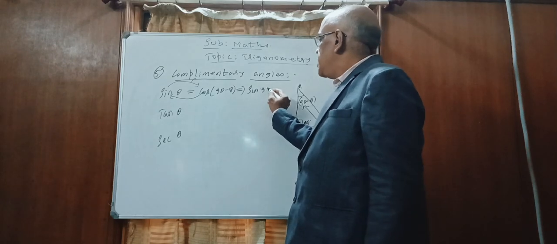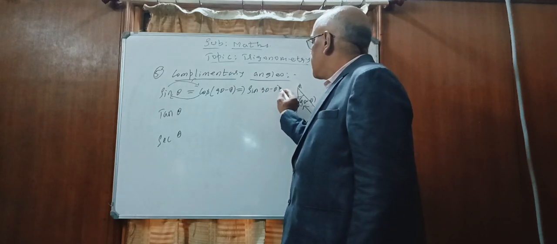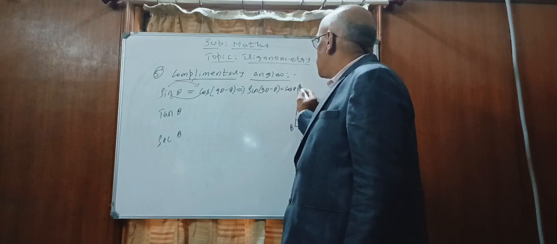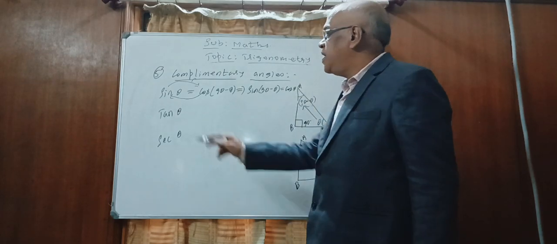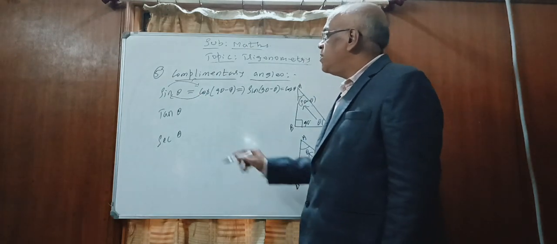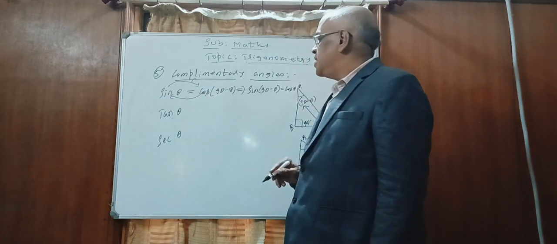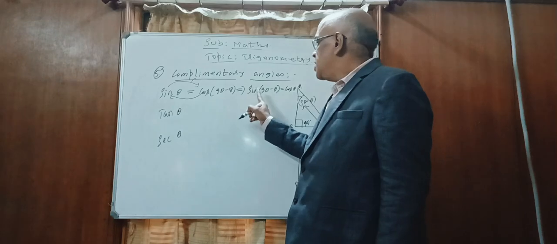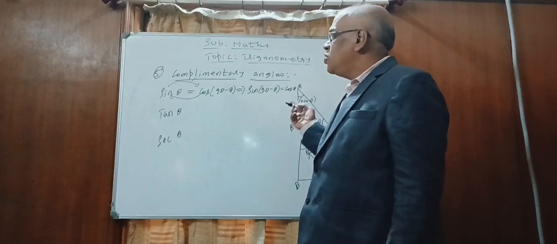Sine of 90 minus theta is equal to what? Cos theta. What is the complement of sine? Cos. What is the complement of theta? 90 minus theta. So just interchange sine and cos. What happens? Sine of 90 minus theta is equal to cos theta.